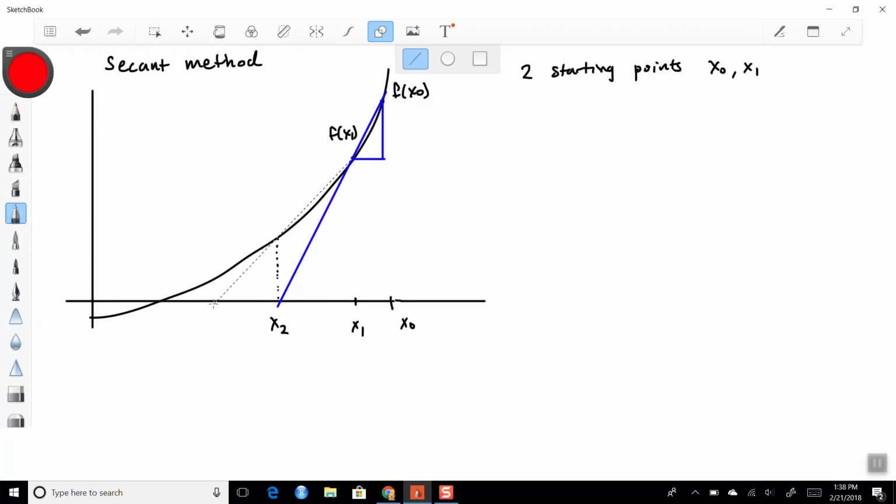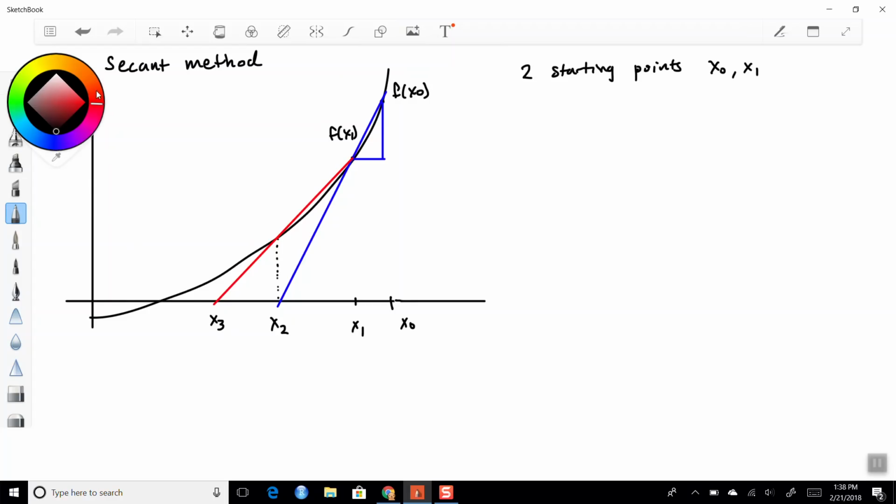All right, and then now we get x3, and then you get another secant line.